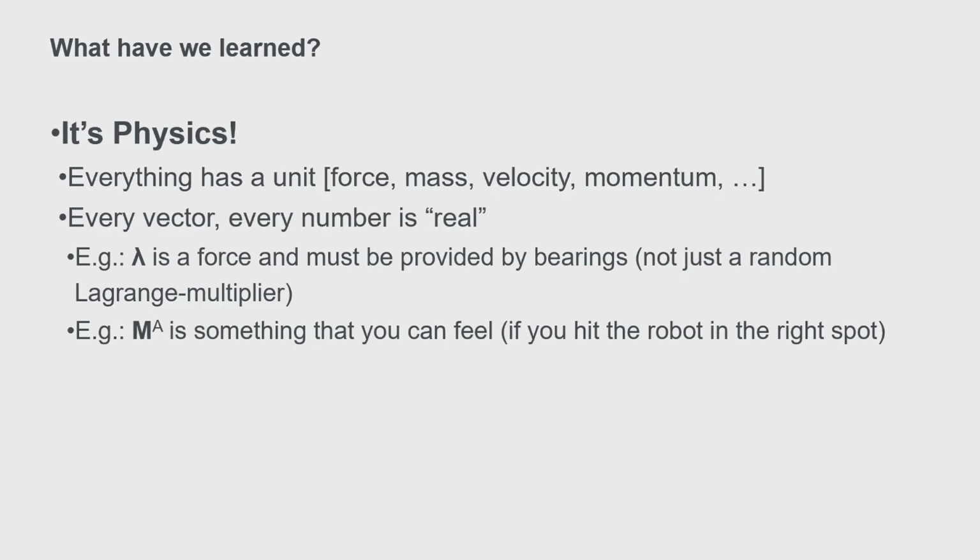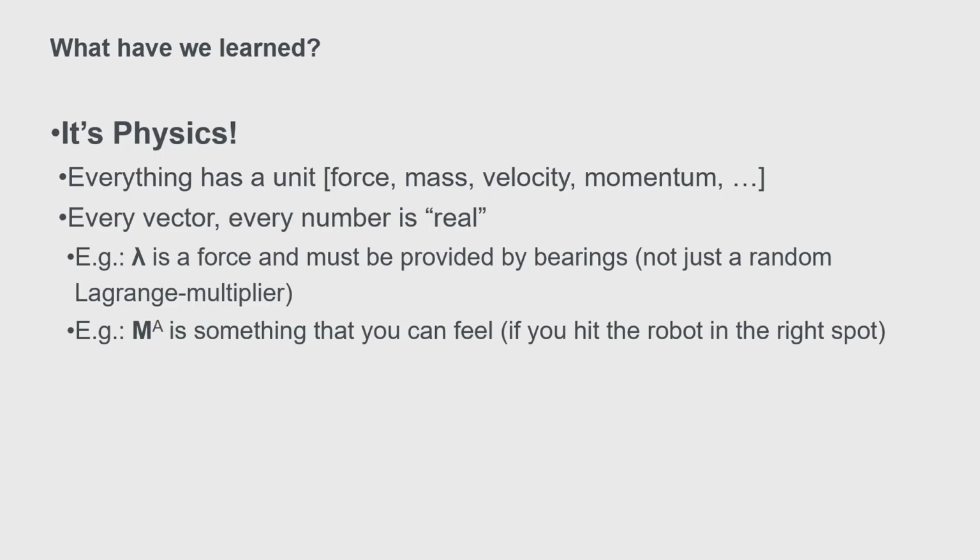It's a constraint in a constrained optimization, and there's your Lagrange multiplier. It's not a freaking Lagrange multiplier. It is a force. And if you build a robot, there's going to be some bearing that has to withstand that lambda. And if that bearing doesn't have the right size, that lambda is going to literally fly into your face. So it's not a random Lagrange multiplier.